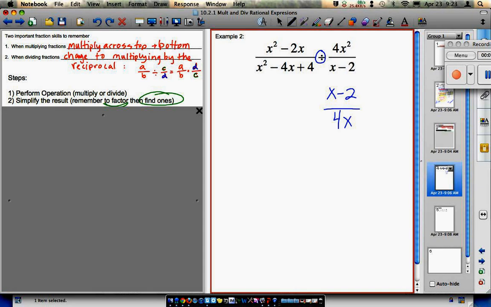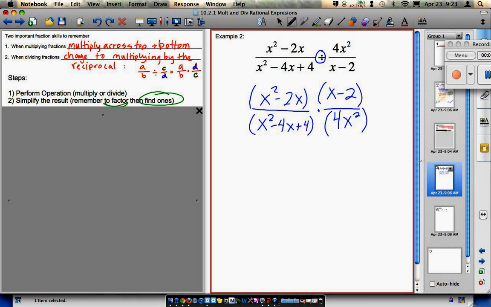So I flip the second fraction, and I leave the first fraction alone. Now I can write this as one big fraction with my two factors on top and my two factors on bottom, because that's how you multiply two fractions.